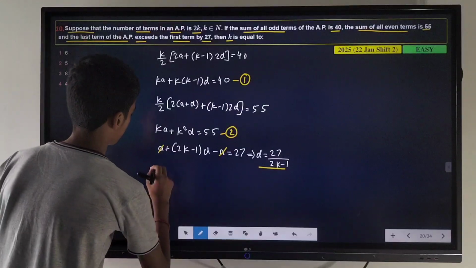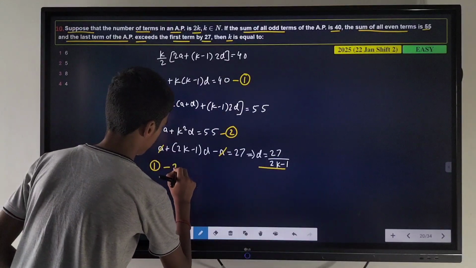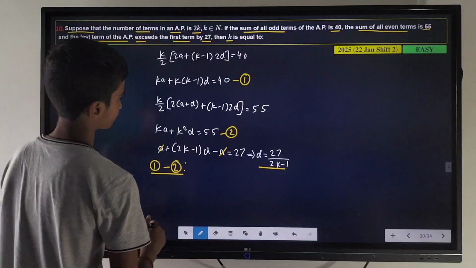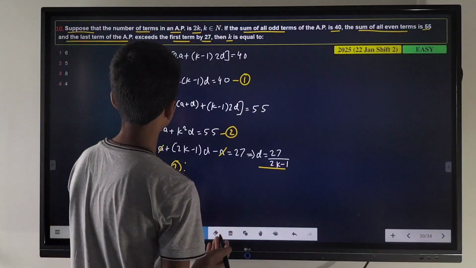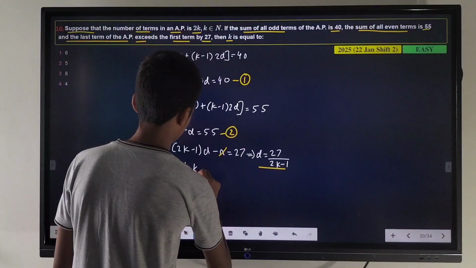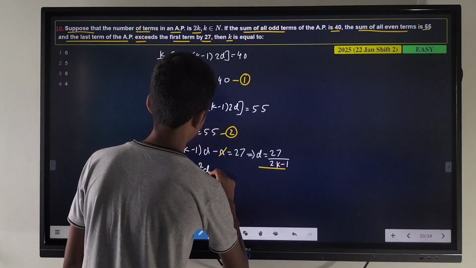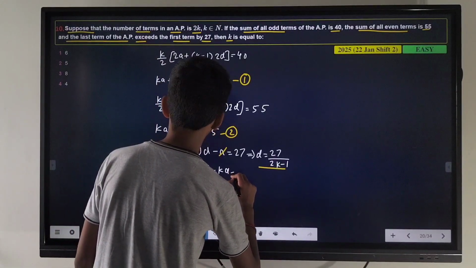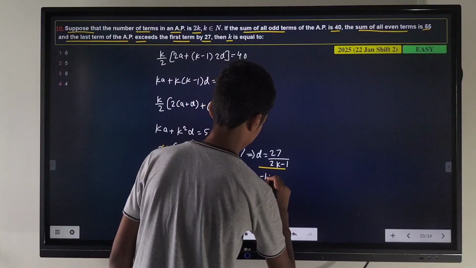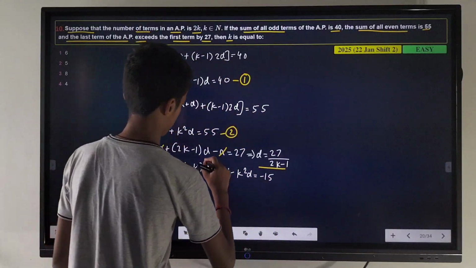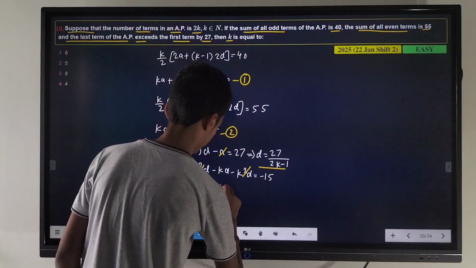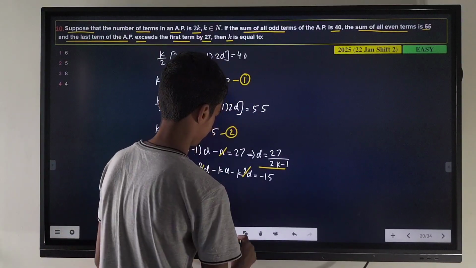Now we will subtract equation 2 from equation 1. ka and ka will get cancelled. We will get k square d minus kd minus k square d is equal to minus 15. These two will get cancelled. Our d is equal to 15 upon k.